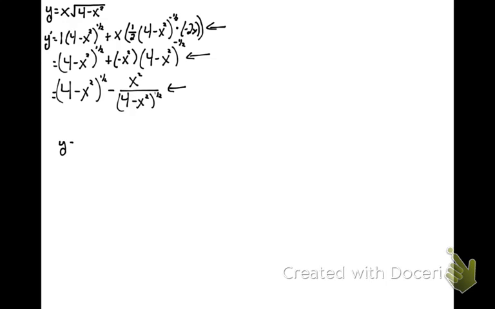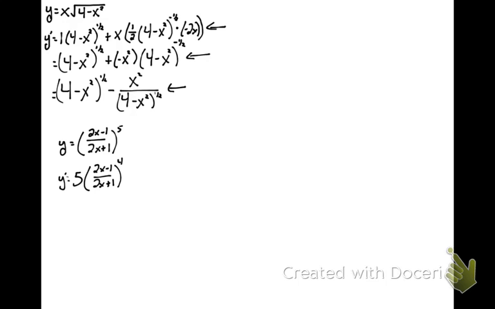y equals ((2x minus 1) over (2x plus 1)) to the fifth. By the chain rule, the derivative of the whole thing will be 5 times ((2x minus 1) over (2x plus 1)) to the fourth.